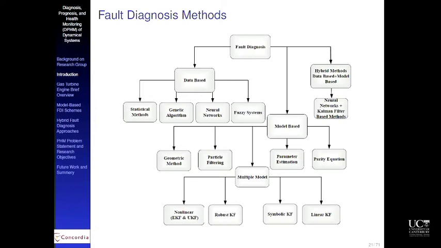And then the third branch, which is the hybrid approach, essentially tries to pick and choose, okay, let's pick maybe a Kalman filter with a neural network, or let's pick a parameter estimation method with a fuzzy system. And you see a lot of work in the literature where it's not random, it's not just flipping a coin, but by some logic and by some analysis, people have found the right match between model-based and machine learning-based approaches.